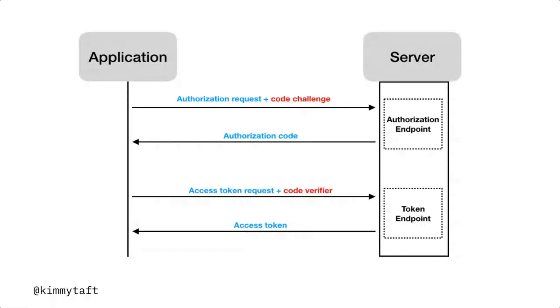This is showing how to securely authenticate and authorize a single-page application with the authorization code and PKCE flow. So first, a user attempts to log into the single-page application.